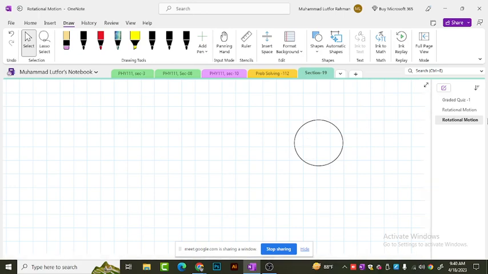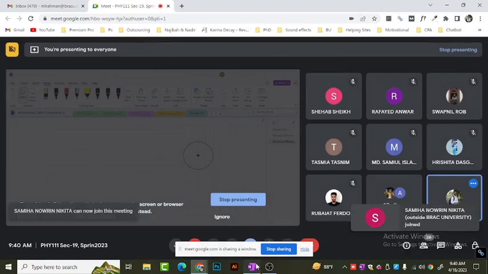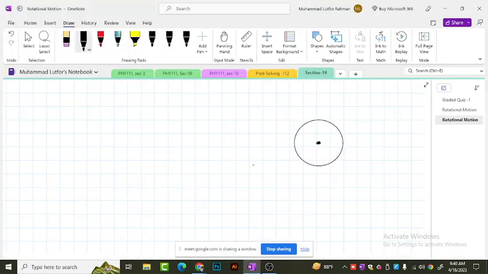This is the center of this wheel of the car. This wheel is rolling in that direction with some angular velocity, because there is a force, a 10 Newton force, applied on the system over here.